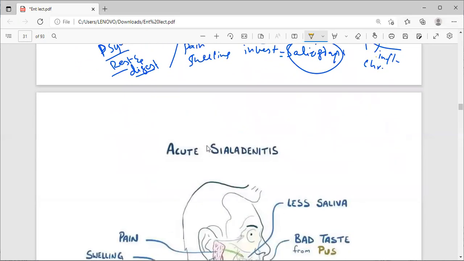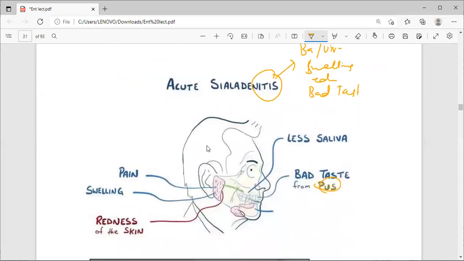Oftentimes people are confused about what sialadenitis is. In sialadenitis, the inflammation is from bacteria or virus, so there will be swelling, edema, and because of the infection you will have a bad taste from the pus. There will be pain, swelling, and redness in the skin. This is called sialadenitis.